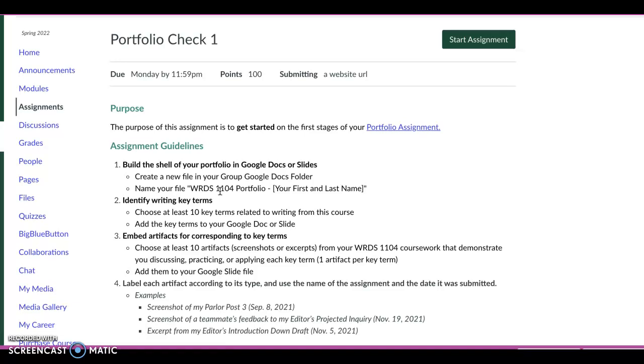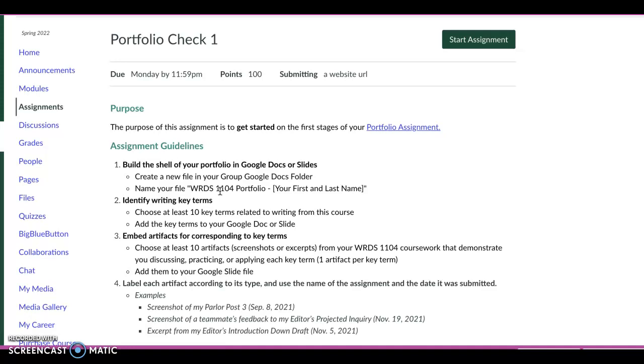You know that I sent out that announcement last week that some groups have shifted around, so you may have a new group member in your group, so please make sure that you check that. So what you'll do is you're going to have 10 key terms, 10 artifacts, and labels.